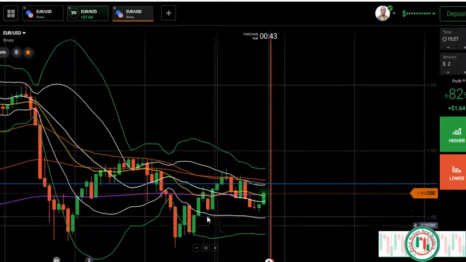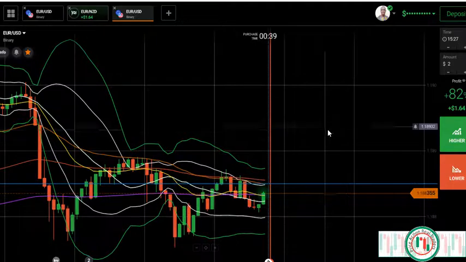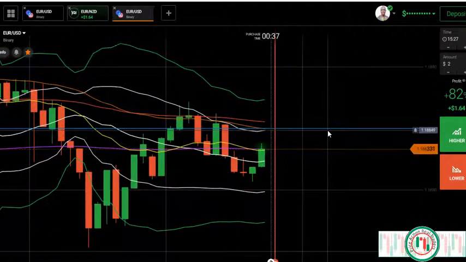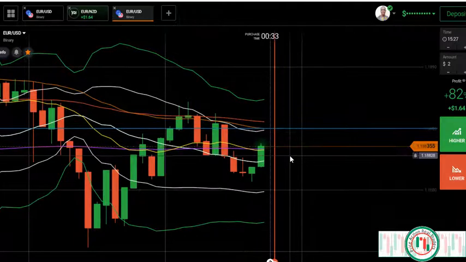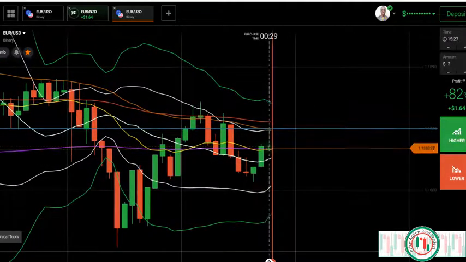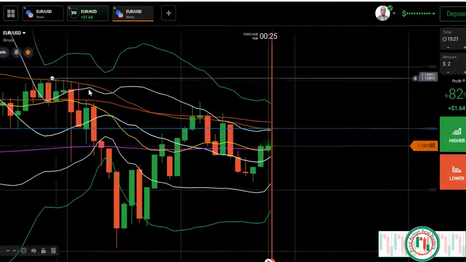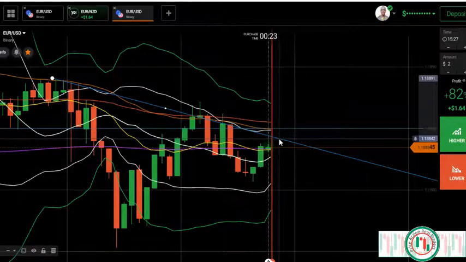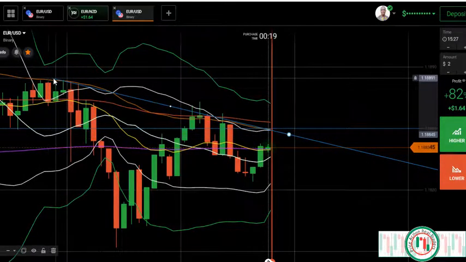The market is ranging. So here, see the channel. If you draw your trend line like this, this is the trend channel.